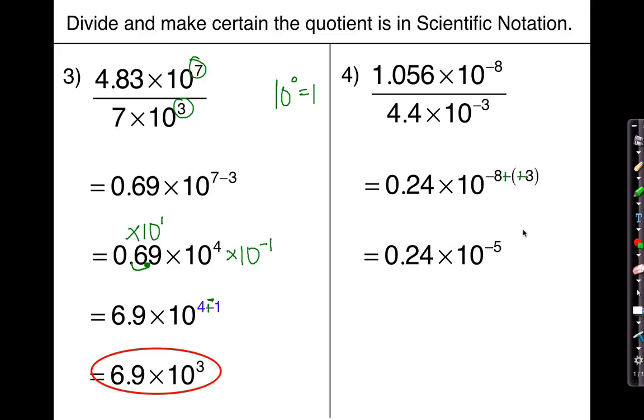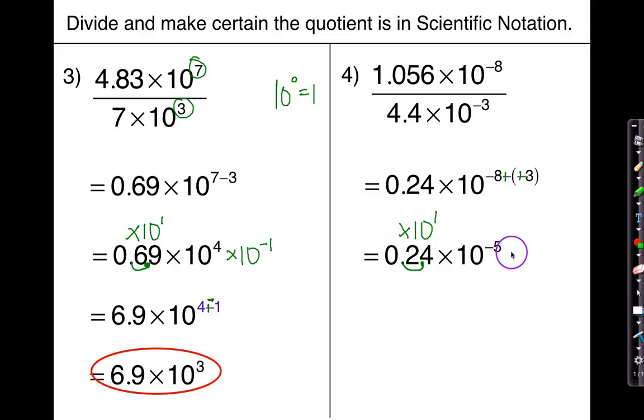And again, before I go ahead and circle the answer, you want to make sure your coefficient falls within the range. This is actually too small, so I need to adjust it by multiplying it by 10 to the, well, let's see how many places we're going to have to move it. 1 to the right. Because we're moving it 1 to the right, we are making the value larger. So we're going to go ahead and say it to the 1st power.